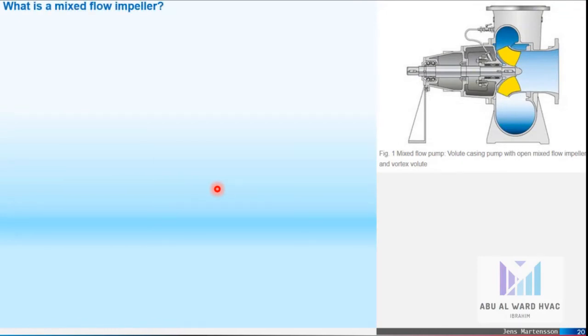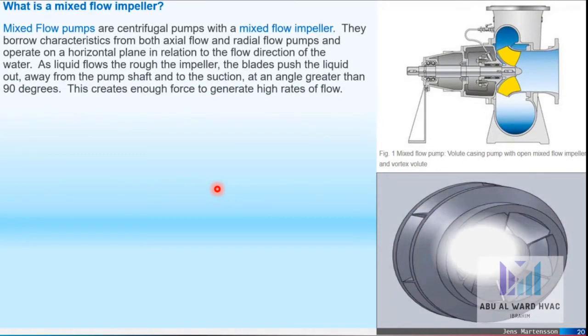What is mixed flow impeller? Mixed flow pumps are centrifugal pumps with a mixed flow impeller. They borrow characteristics from both axial flow and radial flow pumps and operate on a horizontal plane in relation to the flow direction of the water.